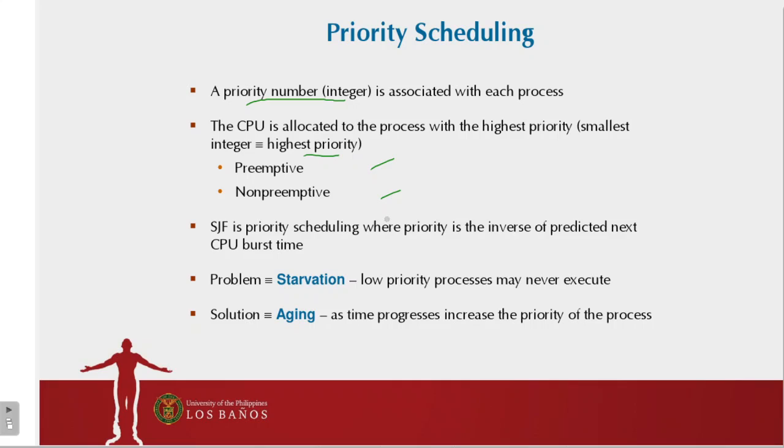On the other hand, in the non-preemptive case, even though a high priority process arrived, the currently running process on the CPU will complete its time slice on the CPU.